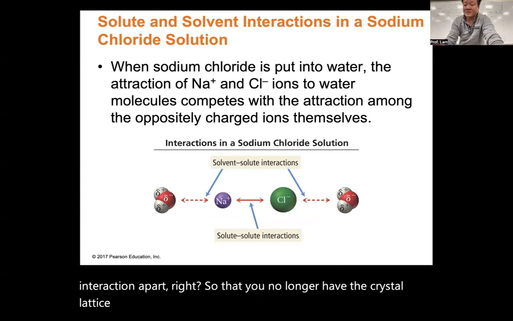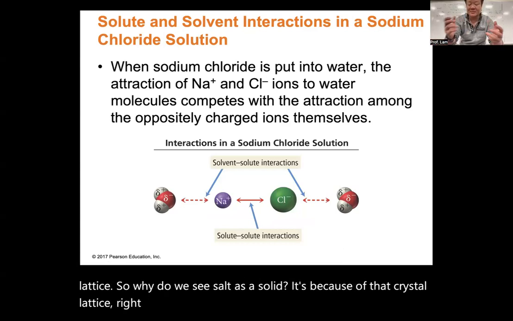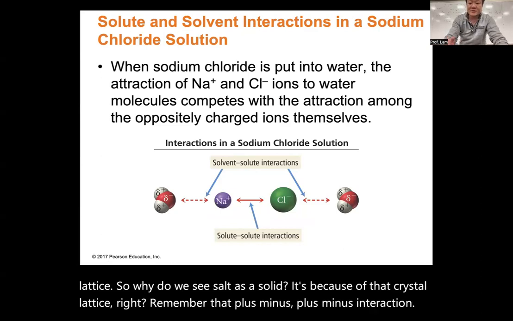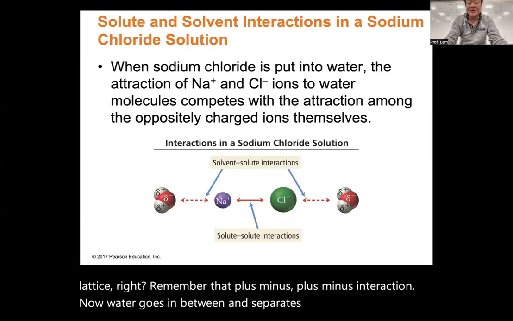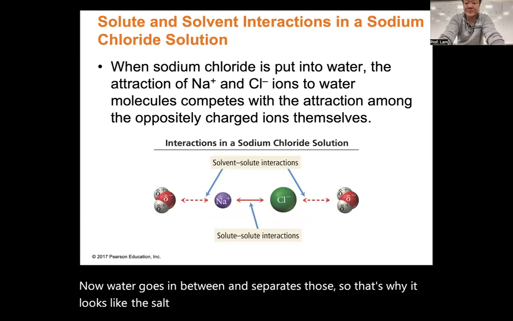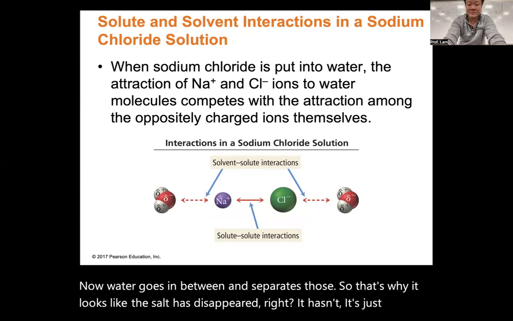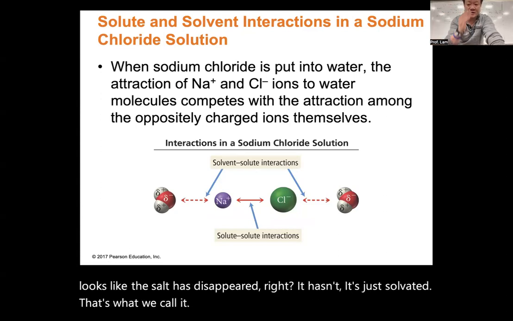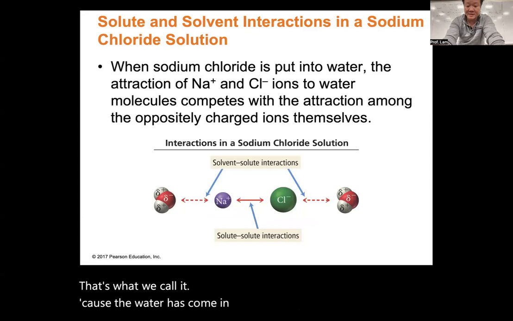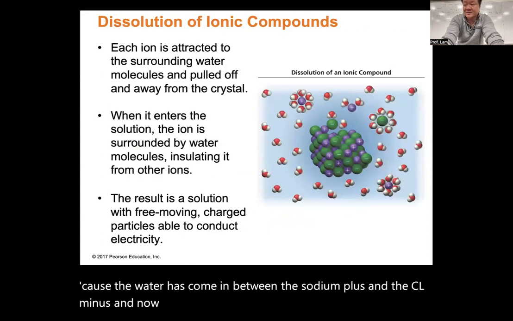So why do we see salt as a solid? It's because of that crystal lattice, right? Remember that plus-minus interaction? Now water goes in between and separates those. So that's why it looks like the salt has disappeared. It hasn't, it's just solvated. That's what we call it, because the water has come in between the sodium plus and the Cl minus, and now we don't see it as a solid anymore.